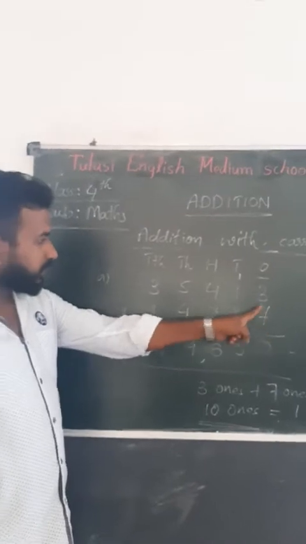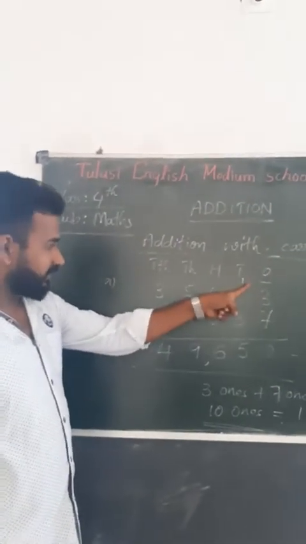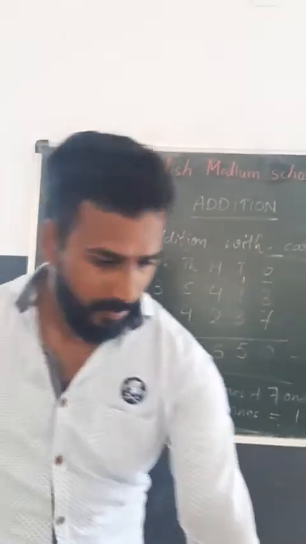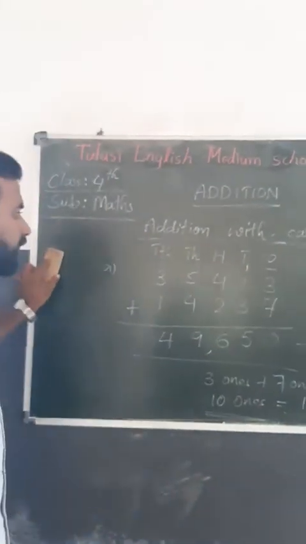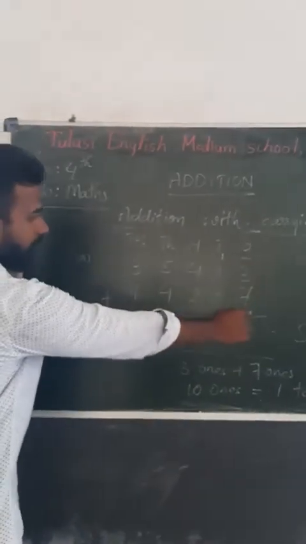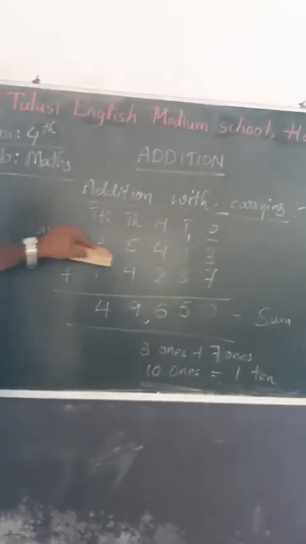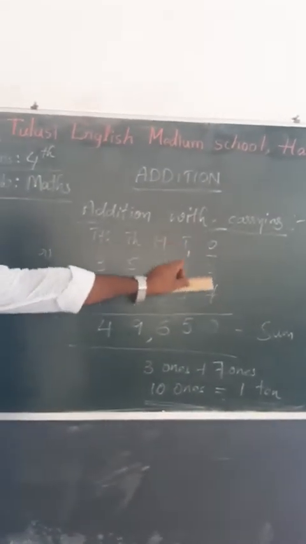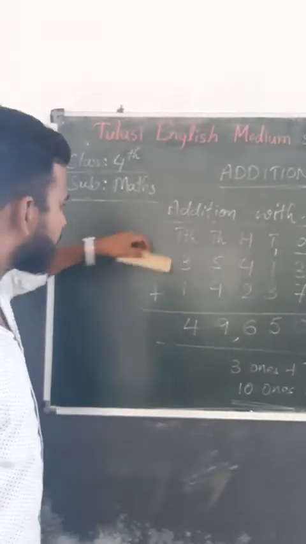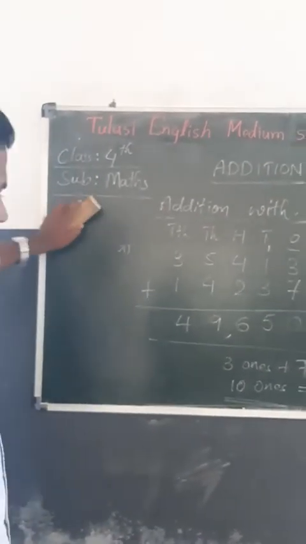So we took carry only here. Write the numbers according to places first, then easily you can add from the ones, tens, 100, 1000, 10,000 and so on.